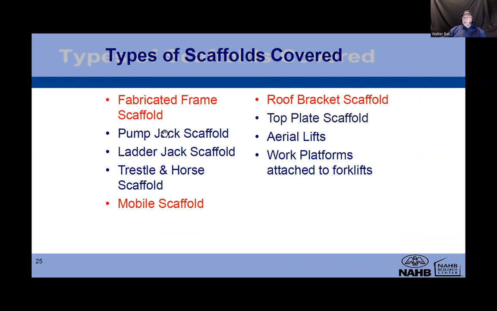Then we'll take a look at the pump jack scaffold, ladder jack scaffold, trestle and horse scaffolds, roof bracket scaffold, top plate, area lifts. So you can tell that there's more than one way of getting to the height of our work. One is the ladders that we have studied. The other one that we're studying right now is the scaffolds.